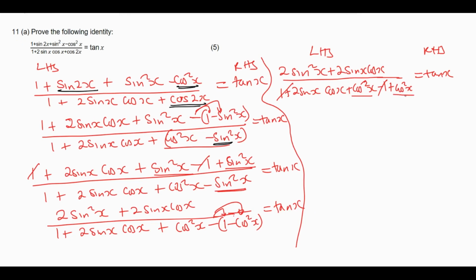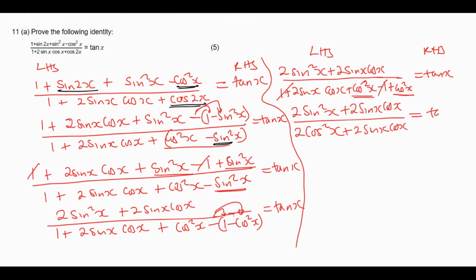Cos squared x plus cos squared x is 2 cos squared x. So we have 2 sine squared x plus 2 sine x cos x over 2 cos squared x plus 2 sine x cos x is equal to tan x.